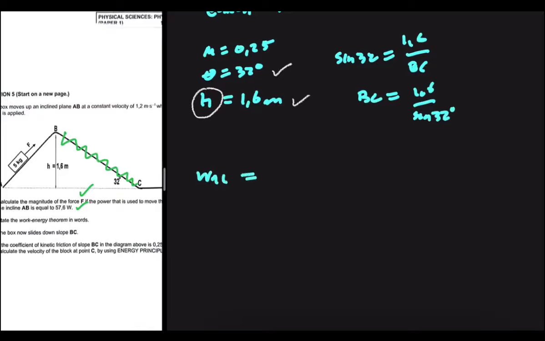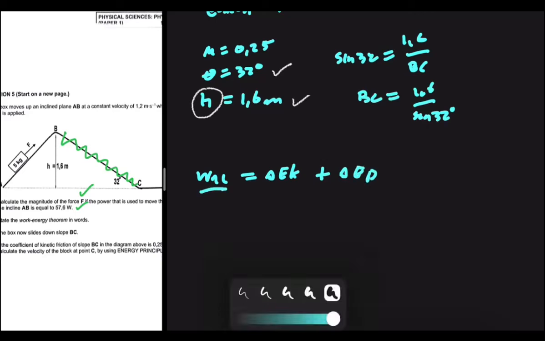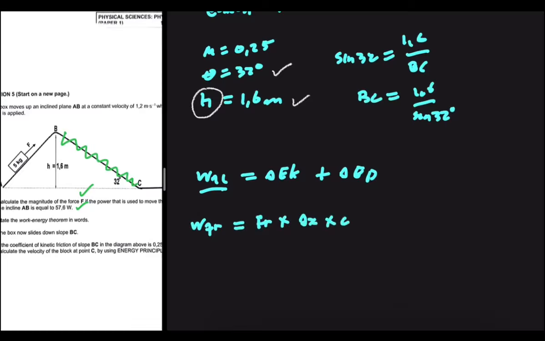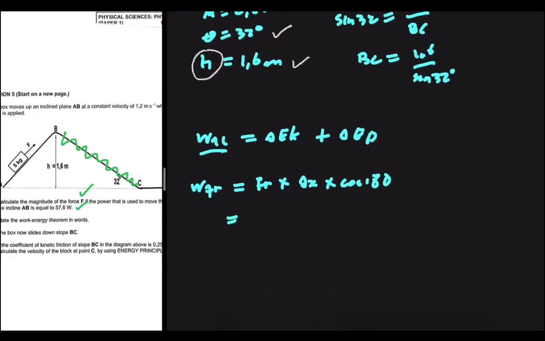So this will be equal to the change in kinetic energy plus the change in potential energy. Which non-conservative force is acting on our object? It is the frictional force. So the work done by friction will be equal to Fr multiplied by delta x multiplied by cos of 180. So what is Fr? Fr will be the coefficient, which is 0.25, multiplied by the normal force. The normal force on an incline is mg cos of theta.